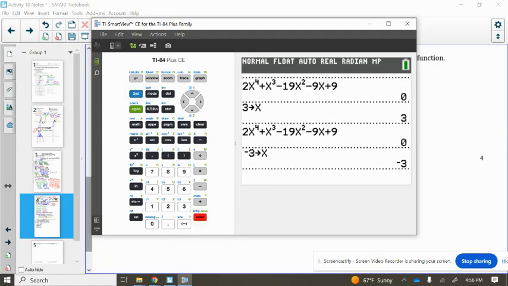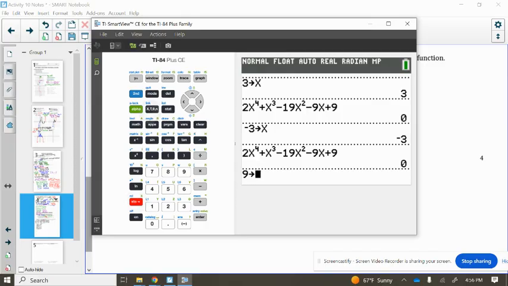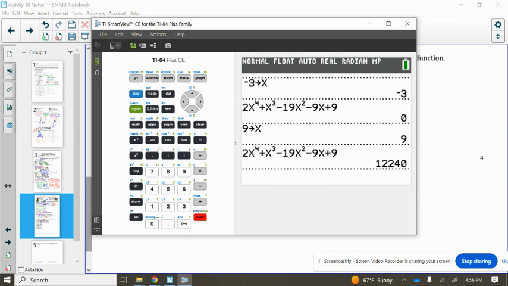If we recall, this works to also be a 0. And then we can check our last ones, like 9 and negative 9. If we store 9 as x, we see that this is not going to work out this time. Negative 9 also is not working out.